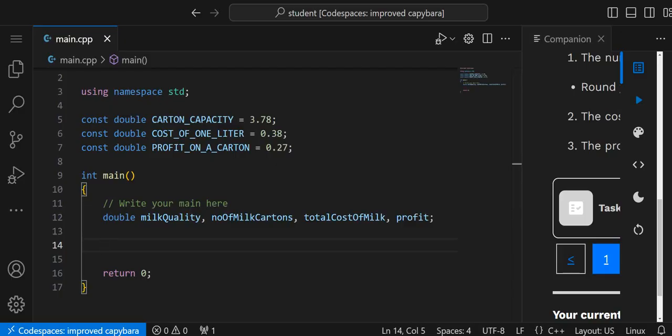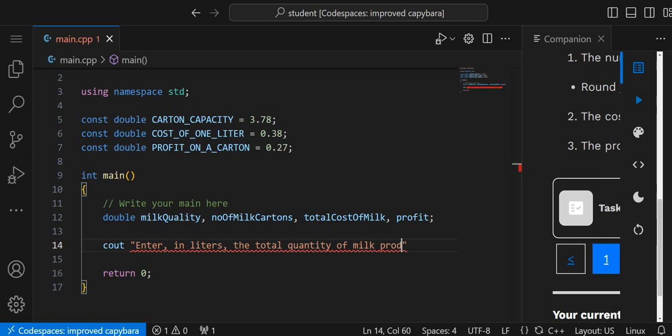Now let's go output statement, cout. Let's enter in liters the total quantity of milk produced.